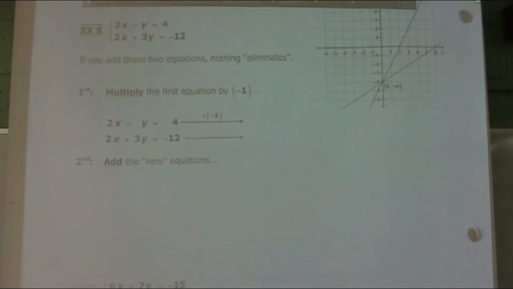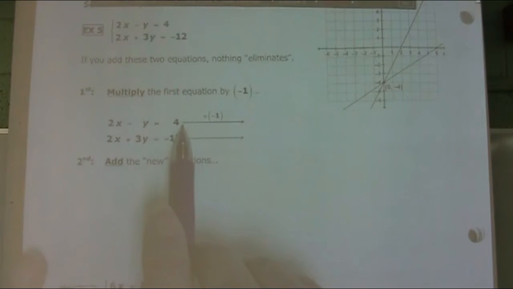Now, when I do this, I want to show my work so that my teacher understands what I intend to do. So I'm going to write down my original system, and draw arrows to the right. I'm going to multiply this top equation by negative 1, so I'm writing multiply by negative 1 here.